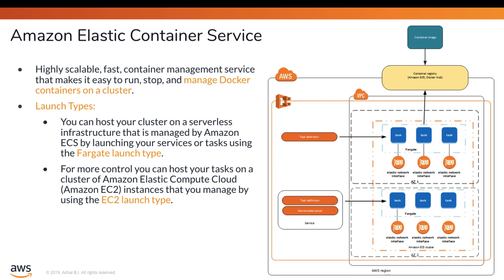You could also use a customized AMI in Fargate mode, but the only thing is, if you choose Fargate, then the compute power allocation would be managed by Amazon ECS.